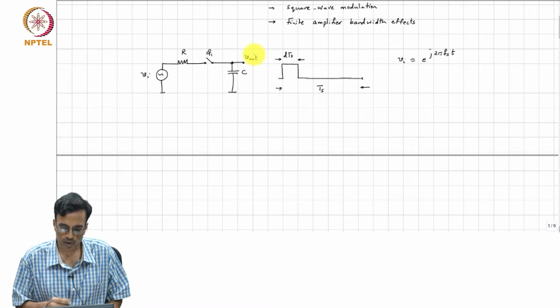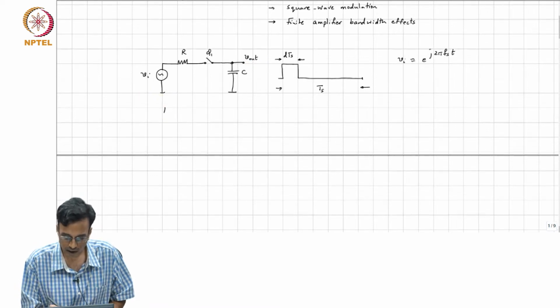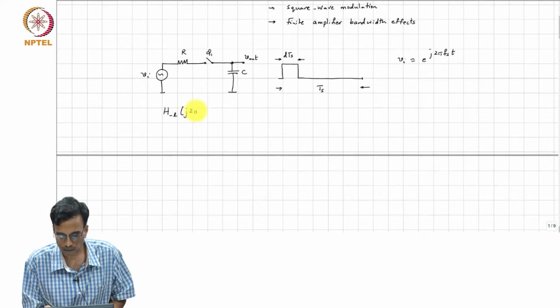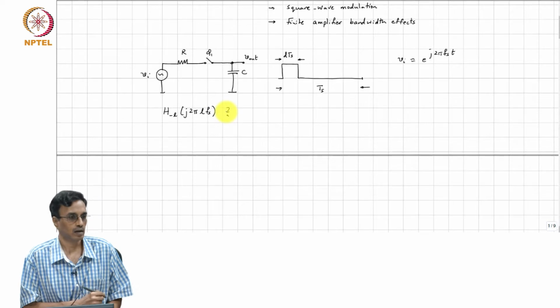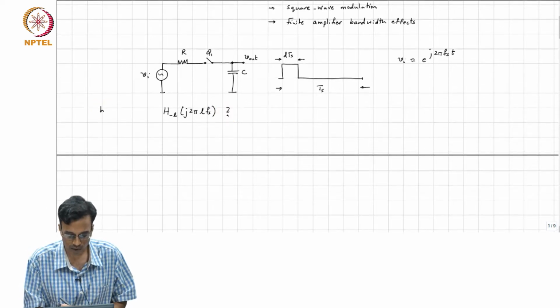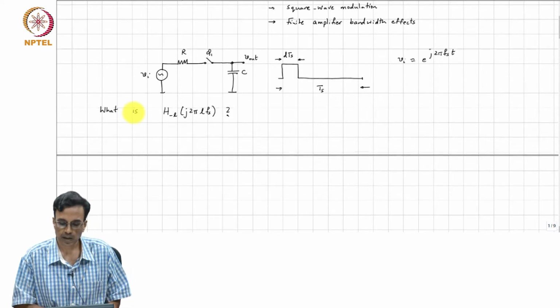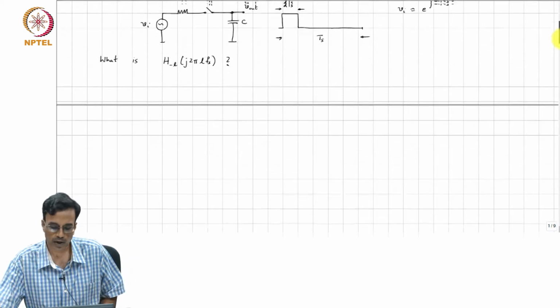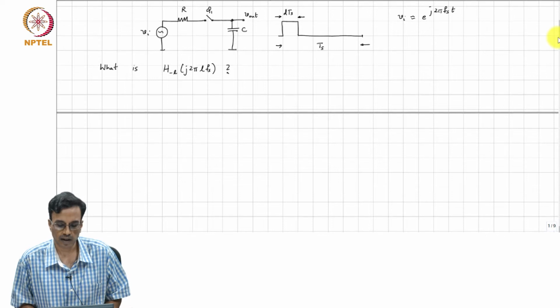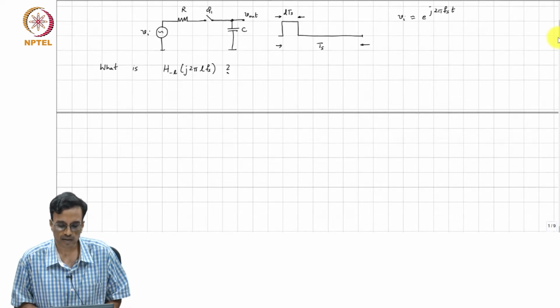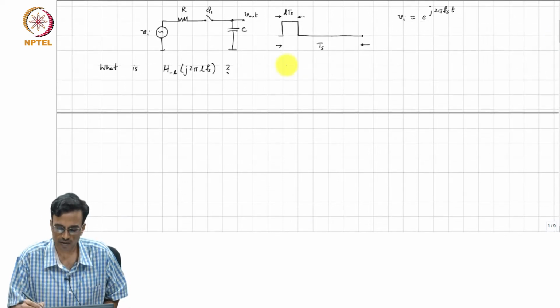So, the question therefore is what is H sub minus L of j 2 pi L Fs, right. So, this is what we need to find, let us say. So, of course, we can do this the hard way.